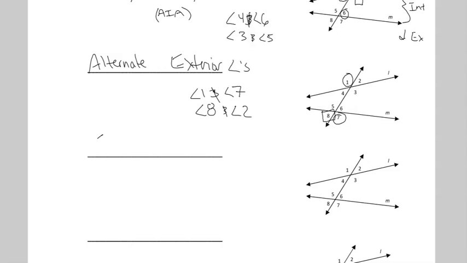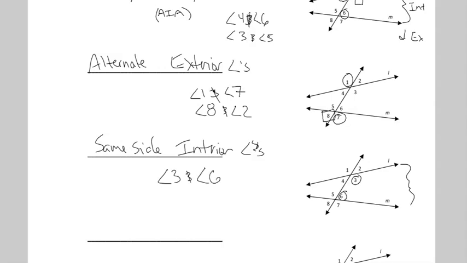Okay, next one would be same side interior angles. Okay, same side interior angles. Here's the interior, same side. Angle 3 and what other angle are on the same side and on the interior? Angle 6.